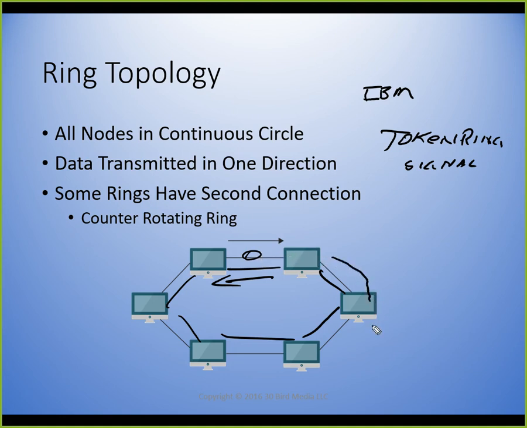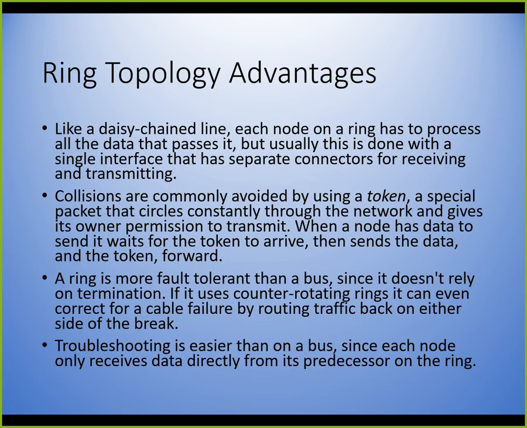It goes around the network until it gets to where it's going, and then that station accepts. And then when the token gets to a station, it gets to put its information on. It gets access to the media. Ring advantages: daisy chain line. Each node on the ring has to process all the data that passes it.